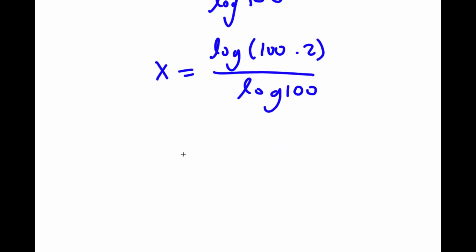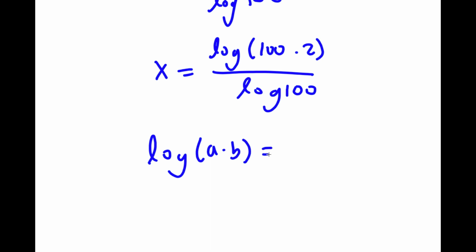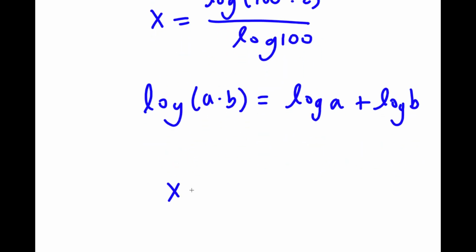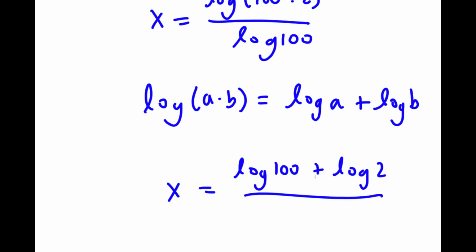And if I have something in the form log a times b, this is equal to log a plus log b. So log of 100 times 2, that's equal to log 100 plus log 2. And I have this over log 100.